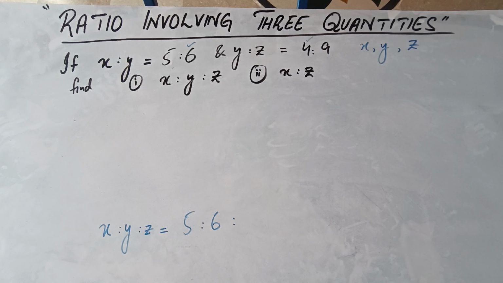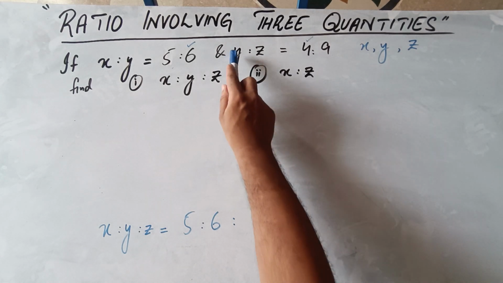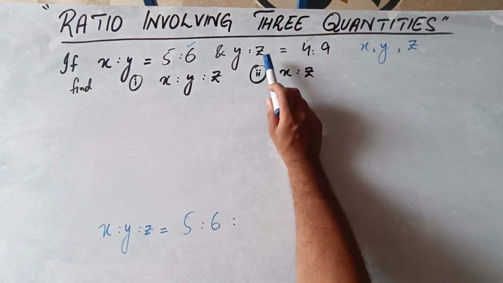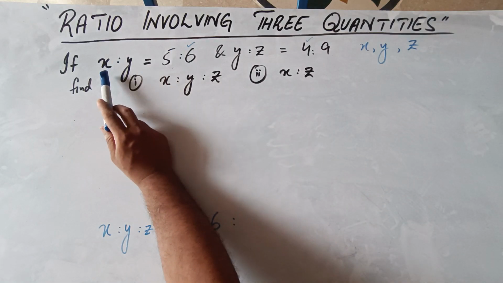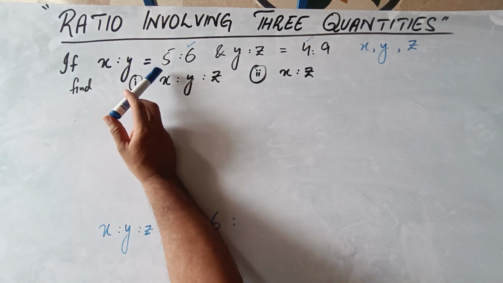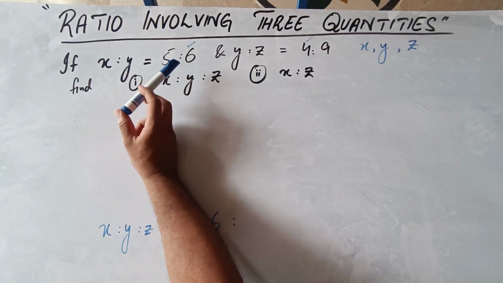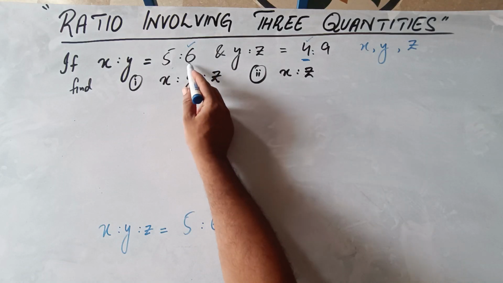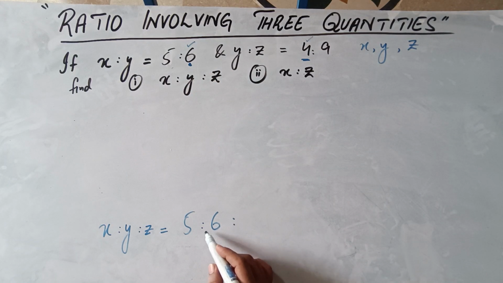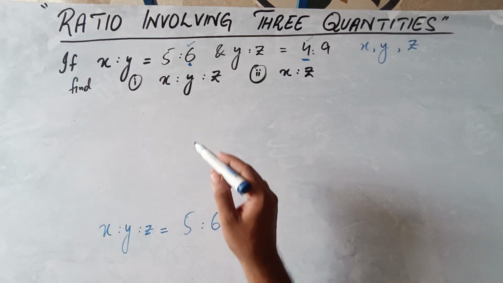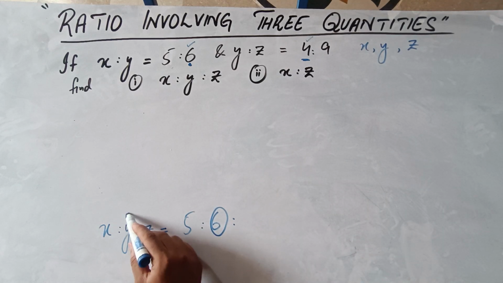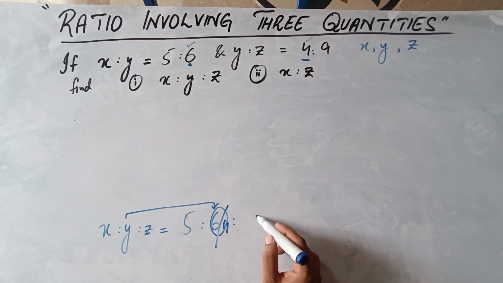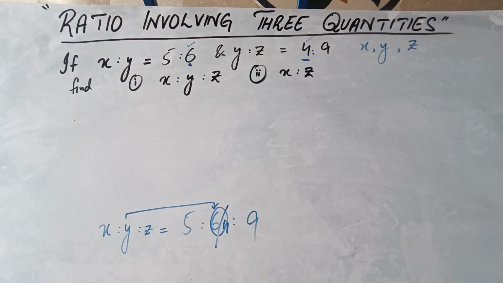Here y is written first, so the corresponding ratio is 4 for y, and for z it's 9. And over here first x is written, so the corresponding value for x is 5 and for y is 6. These two values of y are not the same in both cases, so we cannot link them together. What shall I write over here for the corresponding value of y, either 4 or 6? In this way we cannot link them together directly.